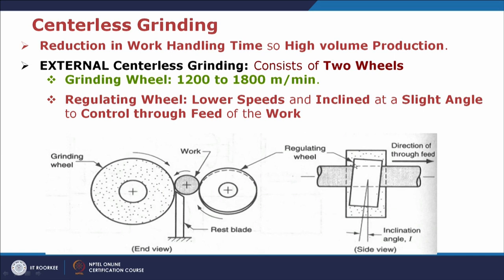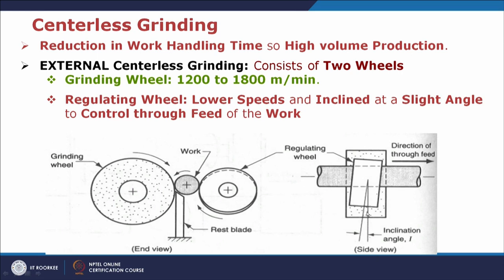The regulating wheel is inclined vertically by an angle I. When this angle is given, the rotation of the regulating wheel in contact with the workpiece, under pressure with the grinding wheel, leads to a longitudinal feed of the workpiece.